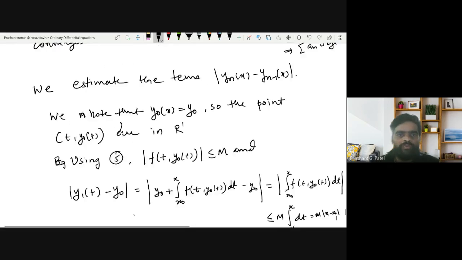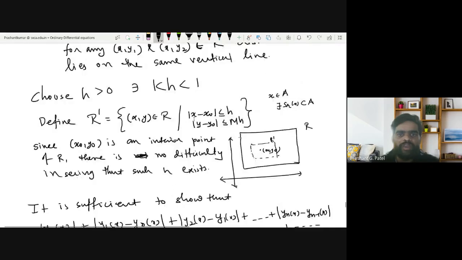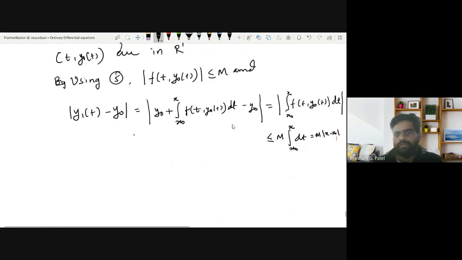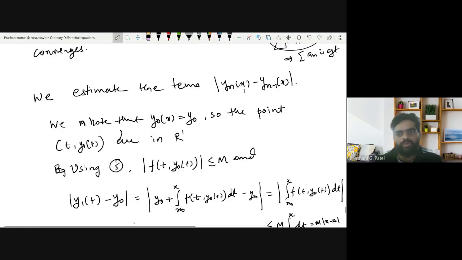But we are interested in all the points which are in R dash, and R dash is defined as mod of x minus x0 less than or equal to h. That's why this will be less than or equal to M into h. So finally we have mod of y1 of t minus y0 less than or equal to Mh, which proves the statement for y1. That means our objective is to estimate yn minus yn minus 1; for n equal to 1 we have proved that.